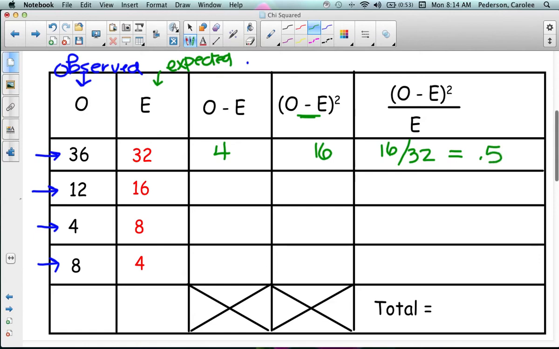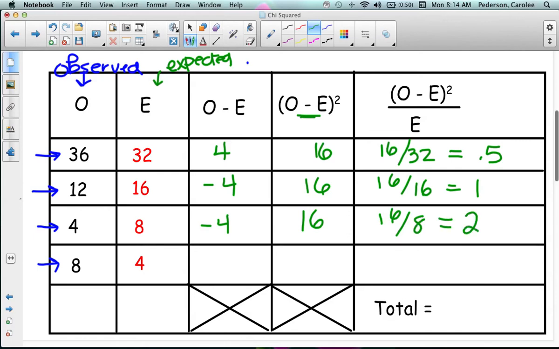And you do that for the next 3 rows. So 12 minus 16 is -4. Square it is 16. 16 over the expected of 16 is 1. Next row, 4 minus 8 is -4. Square it is 16. 16 over the expected of 8, and you get 2.